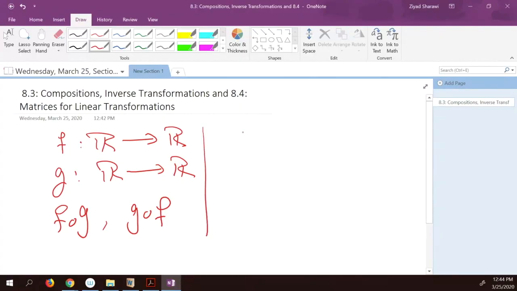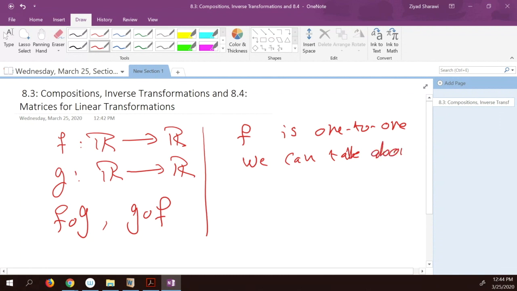Also, when your function f is one-to-one, we can talk about the inverse of your function. Okay.